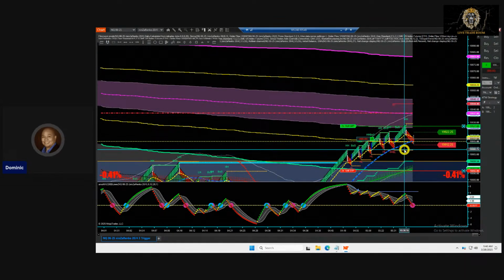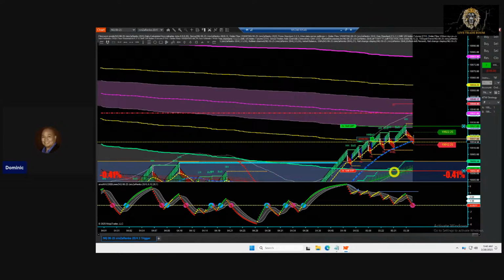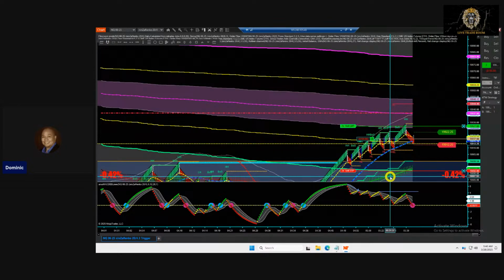We can try to test this low here. See, that's what they're going to do. And then they got too aggressive.